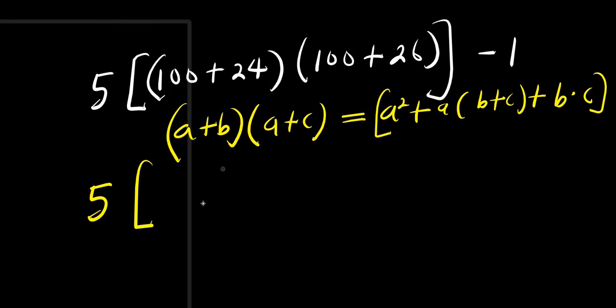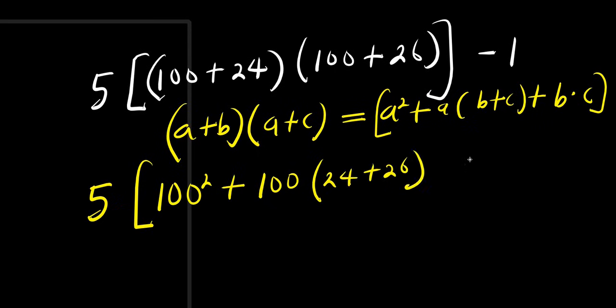So this will be 5 times my a squared, that is 100 squared, plus a, that is 100, times b plus c, 24 plus 26, plus 24 times 26, minus 1.